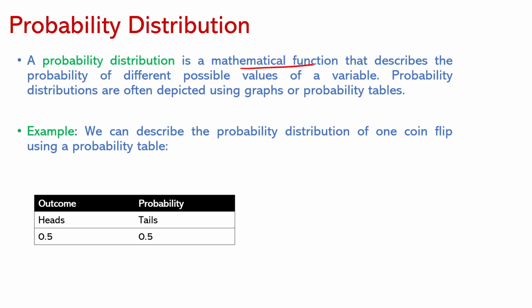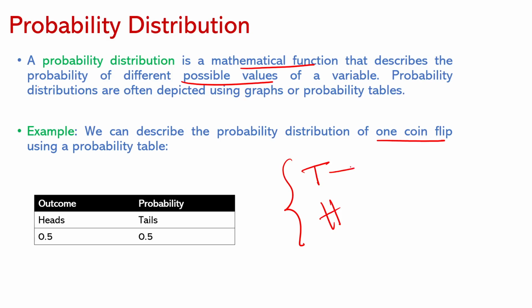It is a mathematical function that describes the probability of different possible values of a variable. So when I conduct an experiment, let us say I am flipping a coin, I know I will get either tail or head. A probability distribution is a function that describes the different possible values. What is the probability of different possible values?